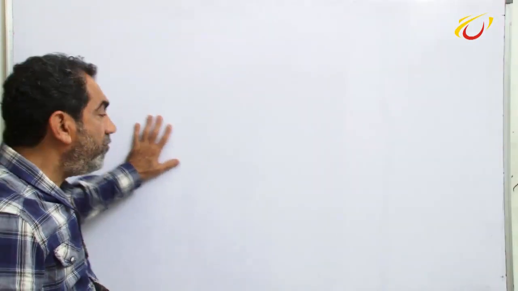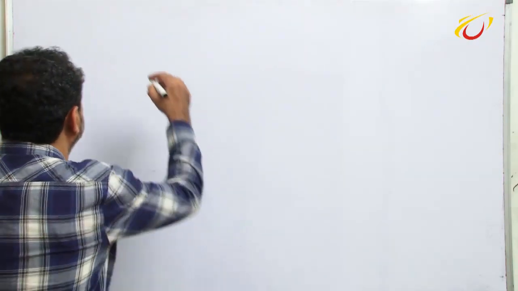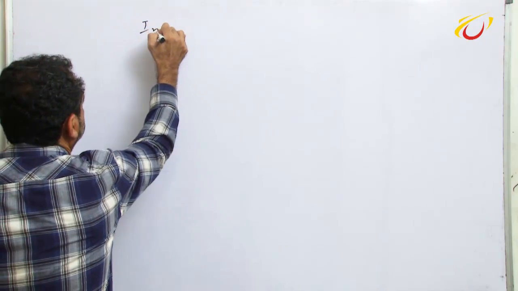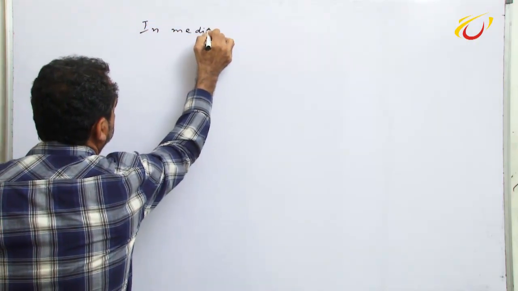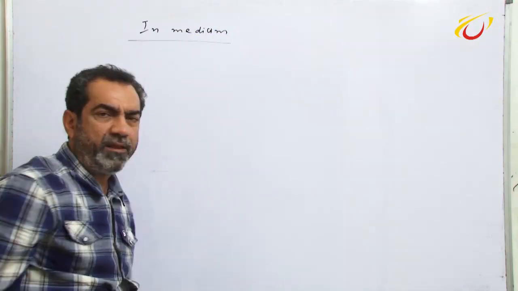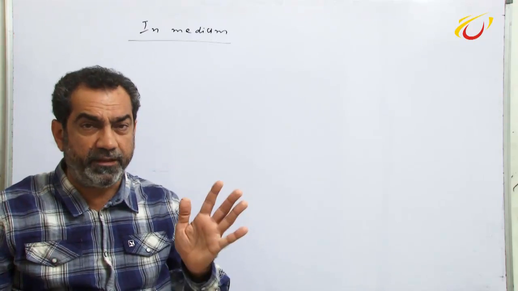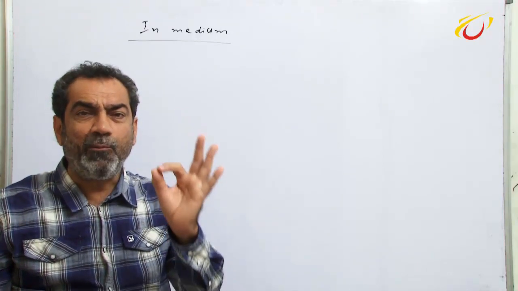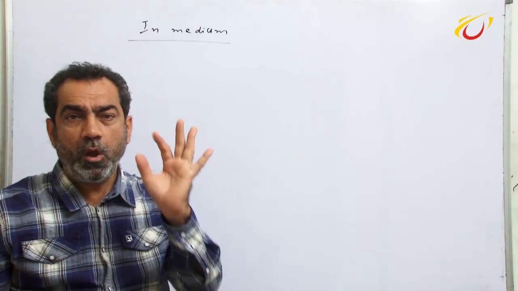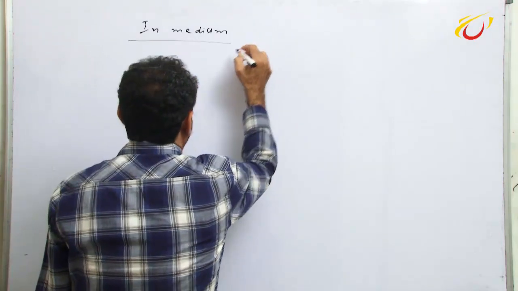Now we will see Coulomb's law in the medium. When we speak about the medium, we will give you the relative permittivity of the medium, or it is also called dielectric constant, both.